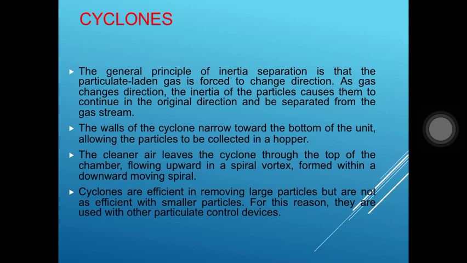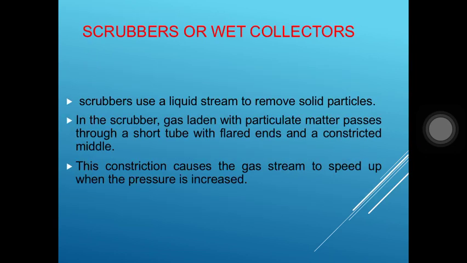The cleaner air leaves the cyclone through the top of the chamber, flowing upward in a spiral vortex formed within a downward moving spiral. Cyclones are efficient in removing large particles but are not as efficient with smaller particles. For this reason, they are used with other particulate control devices.